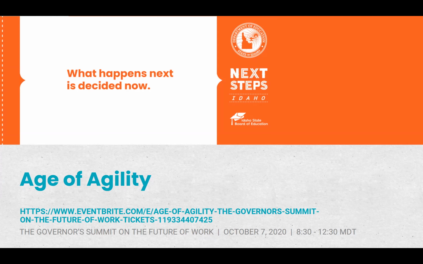And it is all about workforce and education and talking about the future of Idaho's workforce and how education and workforce development and employers can all work together to get the state to where we want to be in terms of our workforce. So we'd encourage you to register for that, and we'll type in the Eventbrite registration into the chat.